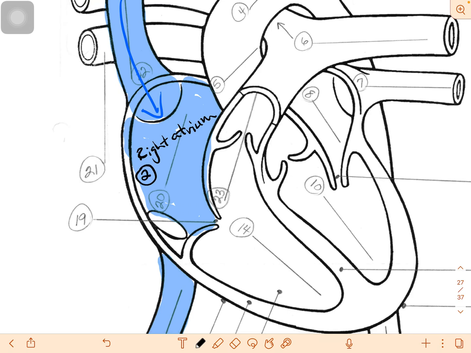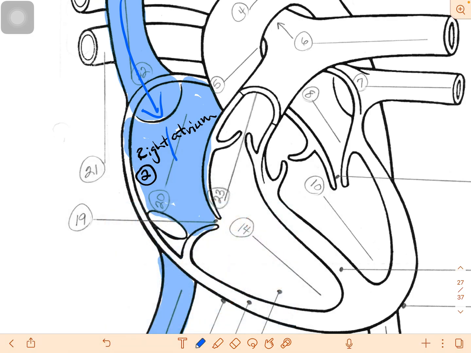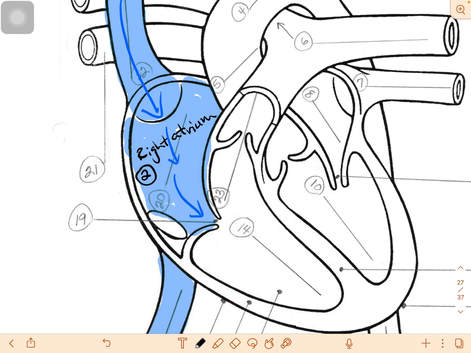And again, your blood flow is going to go through here, through the right atrium, and out here. So this area we're going to label as number 3. And this is the tricuspid valve.